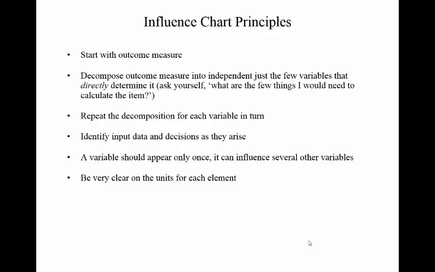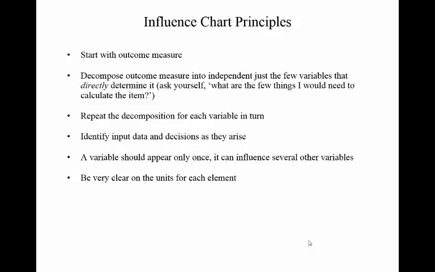Now, one principle with influence charts is that there should not be redundancy in terms of the particular data elements or outputs or intermediate values or decisions. In other words, a variable basically should only appear once, but it can clearly influence several other variables.